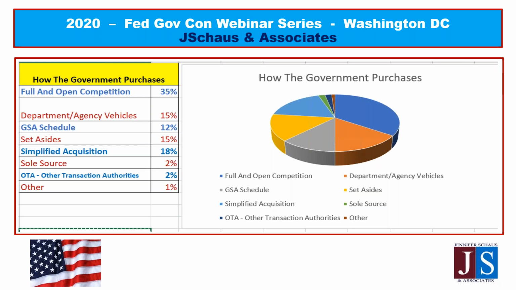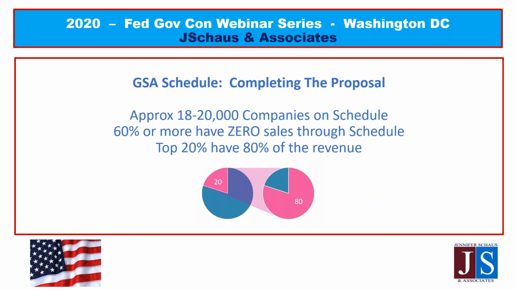They can set contracts aside for small businesses. They can select sole source if there's only one company on the actual planet that is able to provide that particular product or service. So they have many, many options, and GSA is just one of many. So make sure you know who your customer is and how they prefer to purchase.